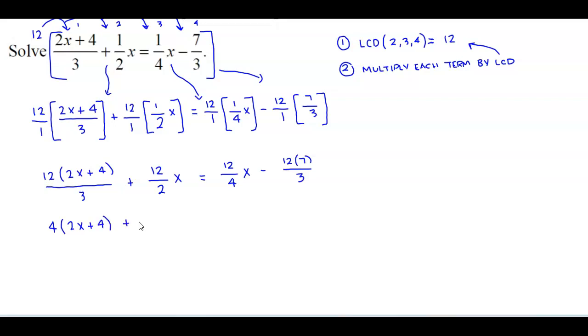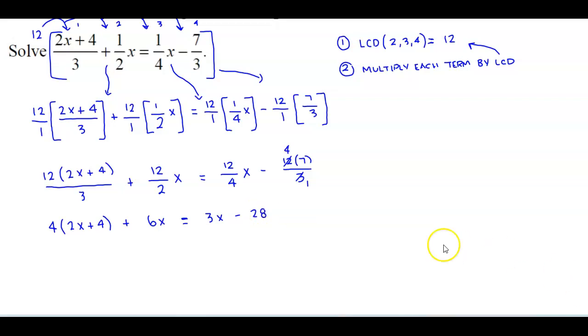Plus 12 divided by 2 is 6, so we're going to have 6x, equals 12 divided by 4 here is going to give us 3x, minus, over here we know that 12 divided by 3, or 3 goes into 12 4 times. And now what's 4 times 7? Well, 4 times 7 is going to give us 28.